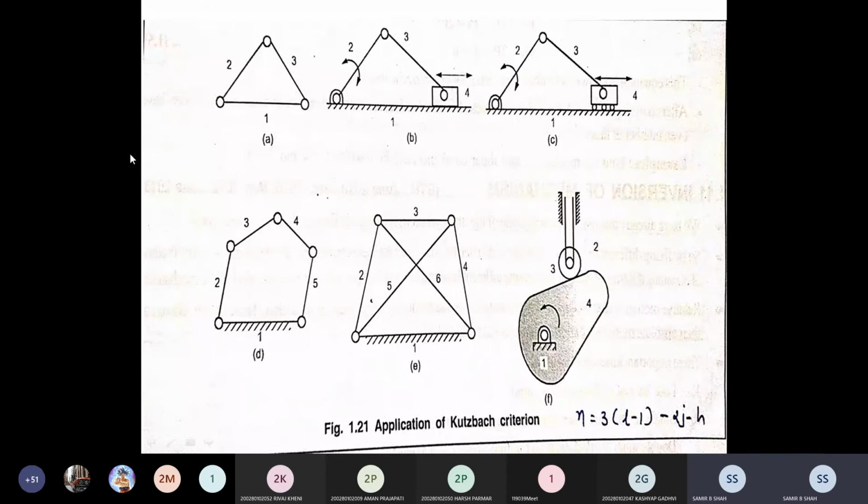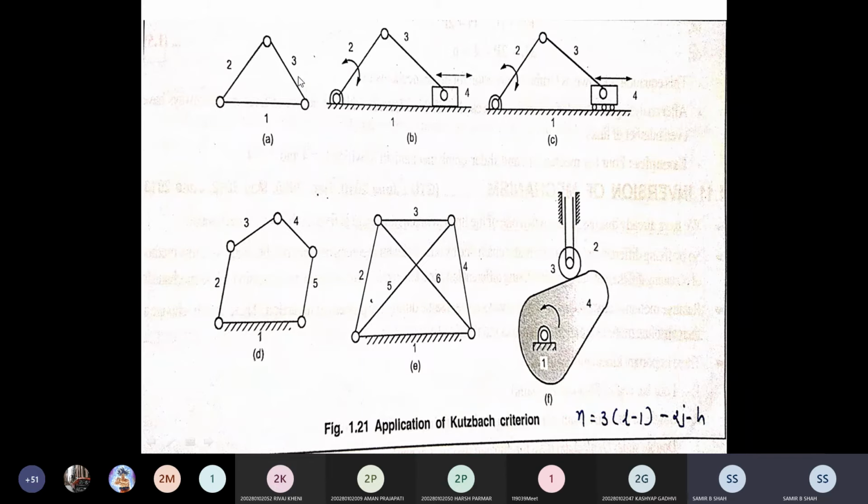So for figure 1, L means the number of links. There are 1, 2, and 3 links, and the joints are also 3: 1, 2, and 3.